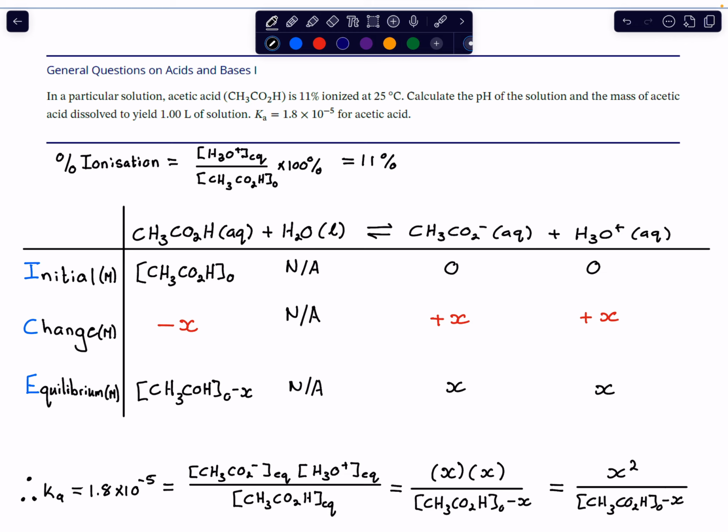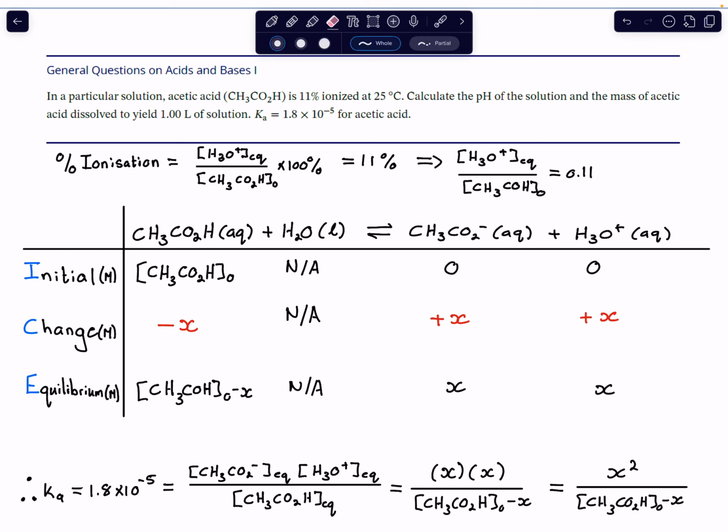But what we are given is the percentage ionization. So let's see what we can do from that. If we solve here for this ratio, hydronium ion at equilibrium divided by initial concentration of the acid, we find that it's 11 over 100, so it's 0.11.